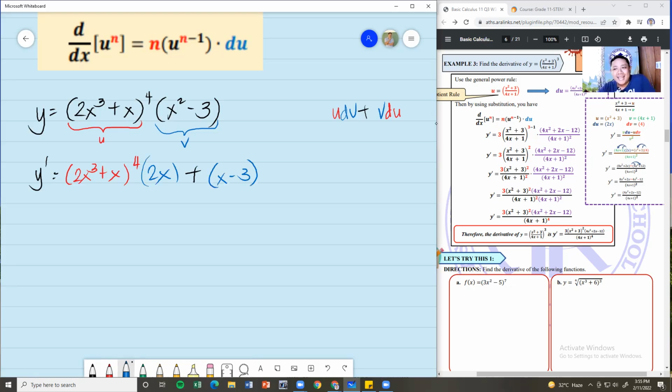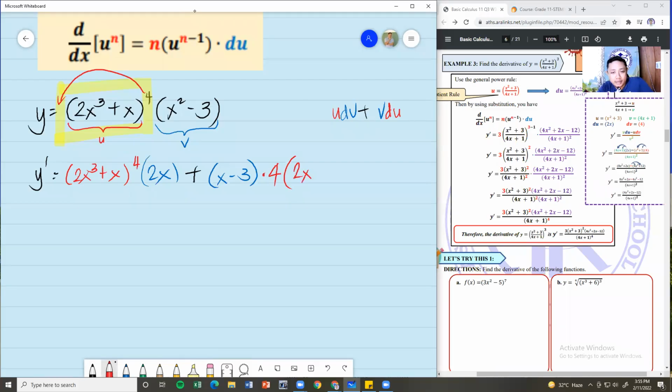And then, this time, when we get the derivative of u, du, this is where we apply the chain rule. Because this is in the form of a chain rule when we get the derivative of u. Okay. Now, let's get the derivative of u. So we now apply this. We put 4 there. That becomes times 4. Copy what's inside.